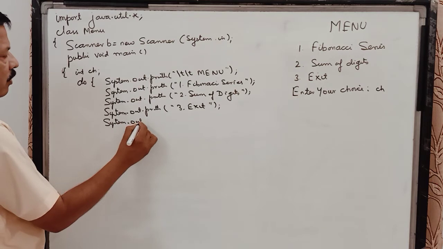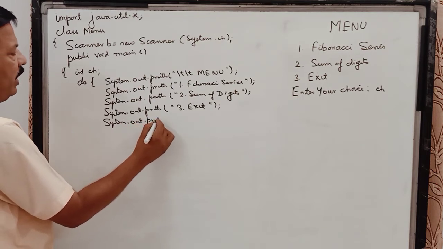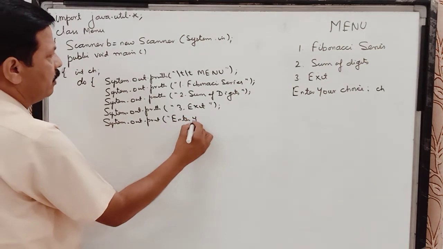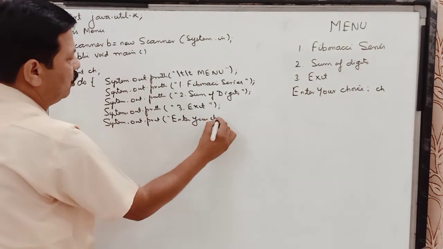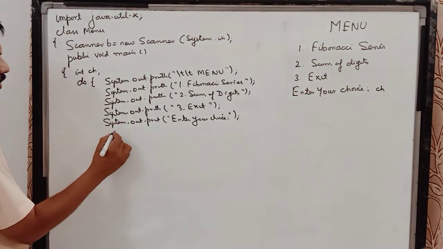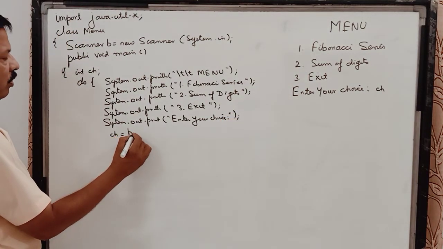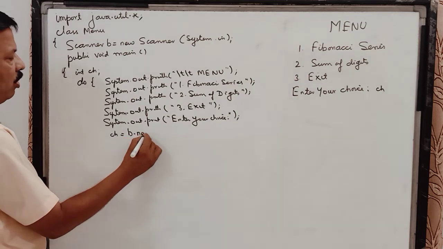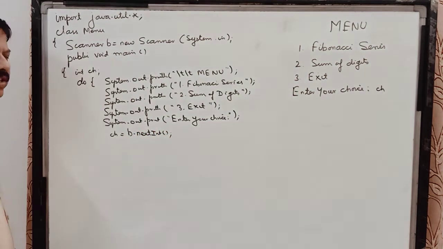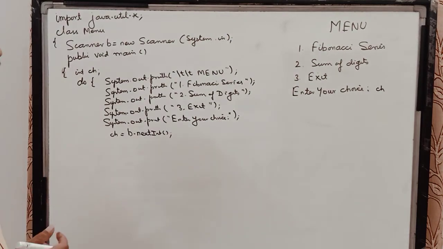choice. So System.out.print, and I say enter your choice, and this choice, children, I am entering in ch. So ch is equal to b.nextInt. So nextInt is the function to enter an integer value.